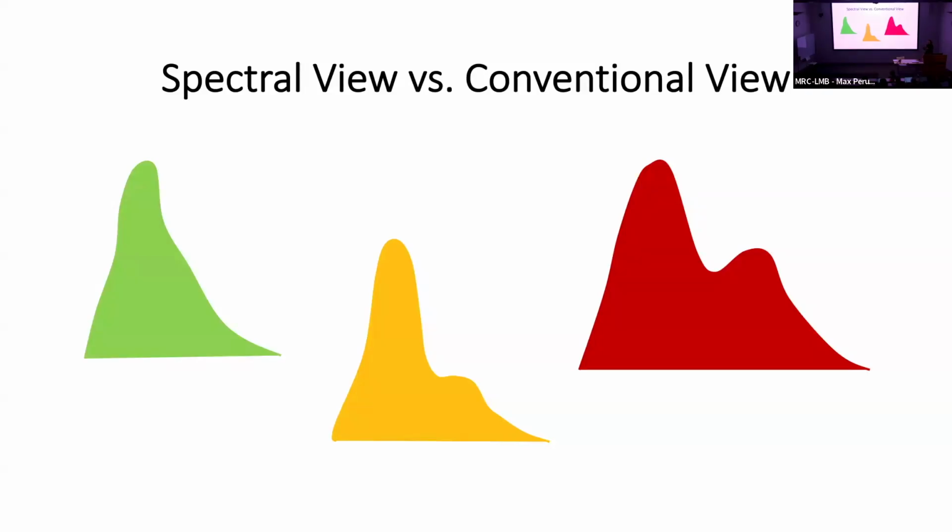So it gives you a broader ability to use, let's say, two fluorophores like GFP, green fluorescent protein, and Alexa Fluor 488, that you wouldn't be able to use in a conventional machine, but you would potentially be able to spectrally unmix in a spectral system.